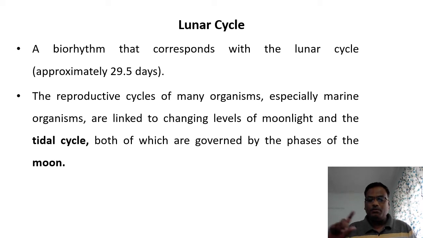So the phase of the moon has a direct relation with the tides, high tide and low tide, right? So therefore, since the moon cycle affects the tidal cycle of the ocean, the marine animals show this lunar cycle. Normally, we don't find many examples of lunar cycle in the terrestrial animals which live away from the ocean.